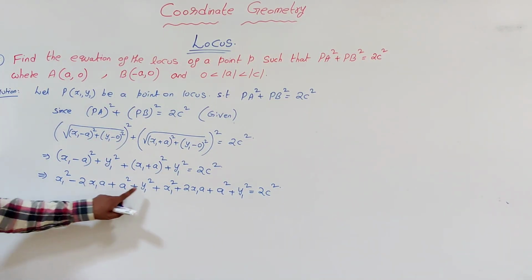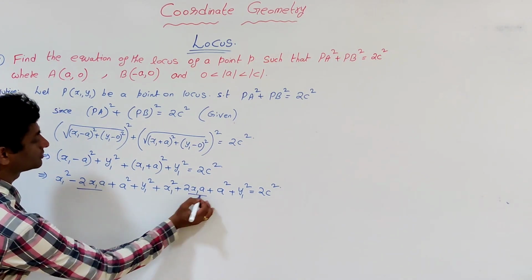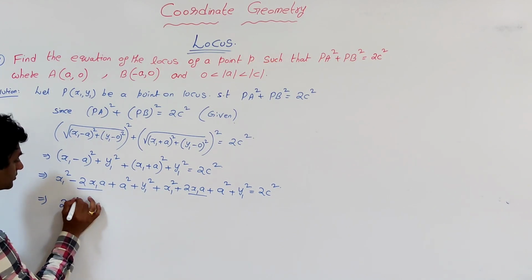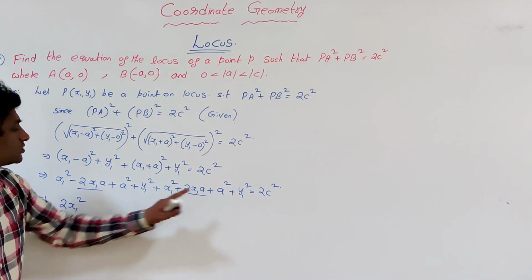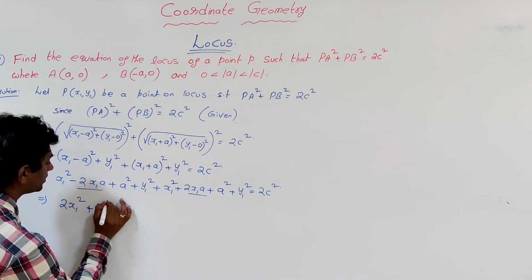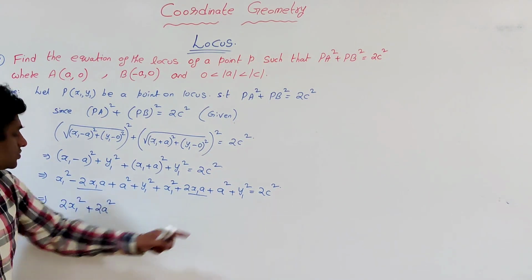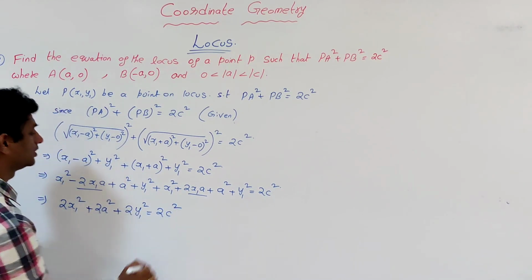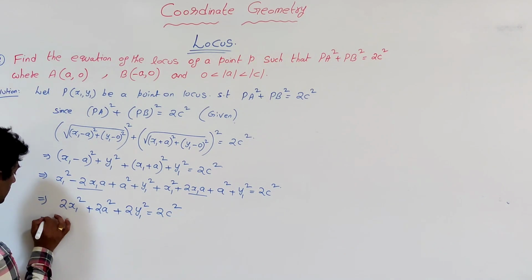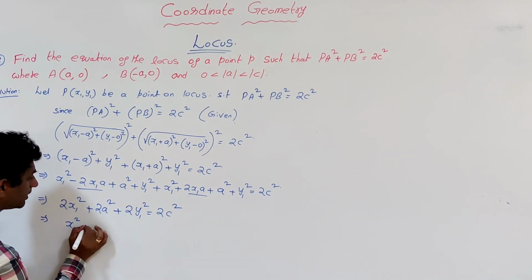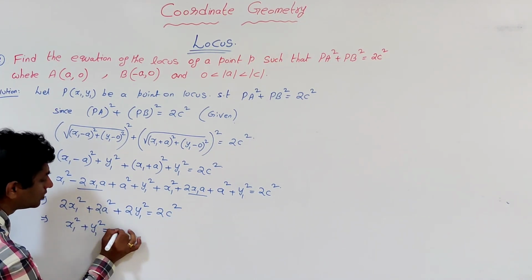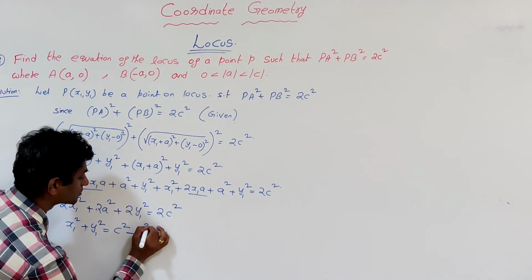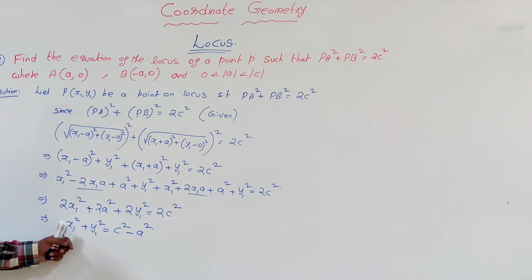So minus 2x1a and plus 2x1a get cancelled. It will be 2x1 square, 2a square, 2y1 square is equal to 2c square. Now we can remove the 2, that is x1 square plus y1 square is equal to c square, and take this a square to the left side, minus a square.